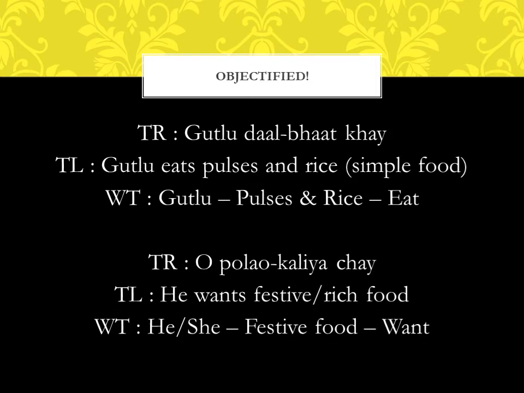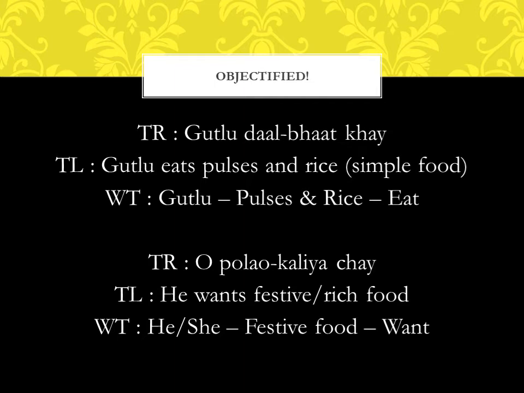In contrast to that, we can also say o pulao kalia chai. So pulao kalia is the word for a festive food or rich heavy food. So pulao is kind of fried rice, not exactly fried rice, but something like that.